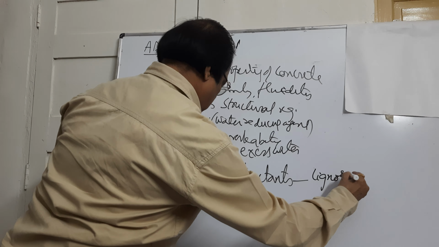This is what we commonly use as the superplasticizer, and in case of non-ionic, the example we can quote is esters, polyglycol. So these are some of the examples, chemical names of the superplasticizer which are used in the concrete to improve the properties of concrete.